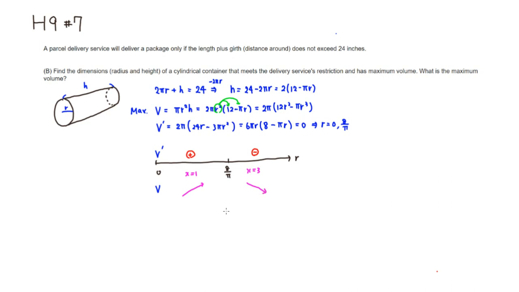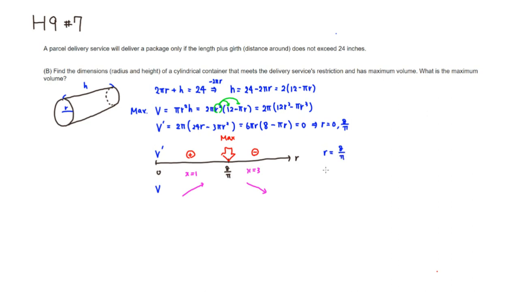So the maximum occurs at 8 over pi, and the radius is 8 over pi.